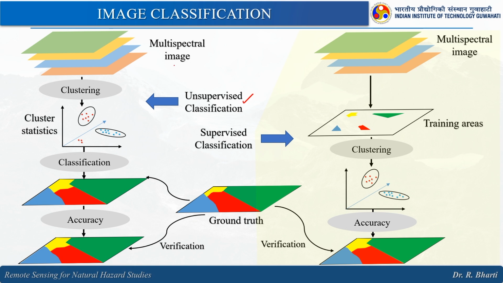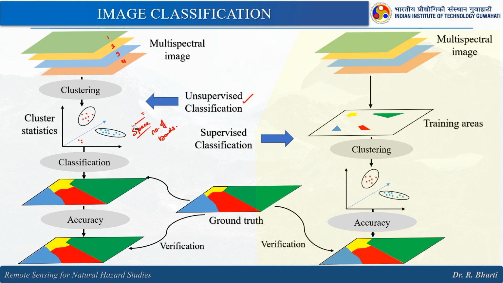So, this multispectral image, we are having 1, 2, 3 and 4 bands, and now these are nothing but the array of digital numbers. So, we are having 4 data matrices, right. These 4 data matrices will be used to plot into n dimensional space, and this n is equal to your number of bands, right.